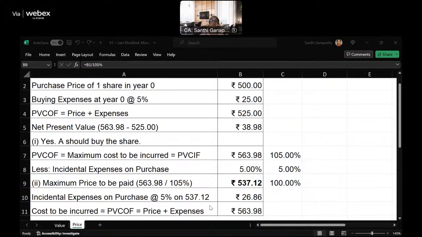Having completed this, we can move on to the next problem. Is this done? Is it clear?